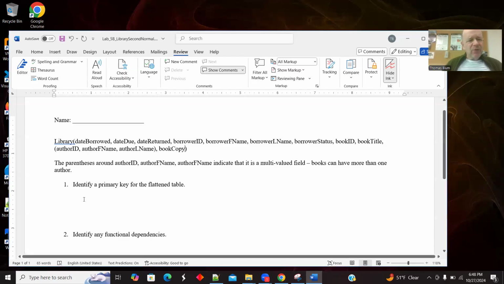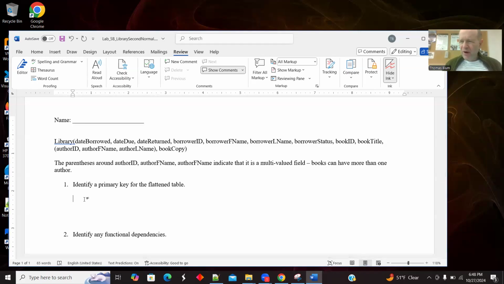Now we want to start figuring out what we think the primary key would be for this table. We're going to look through the library's records of people borrowing books, and we should be able to pick out a row uniquely.